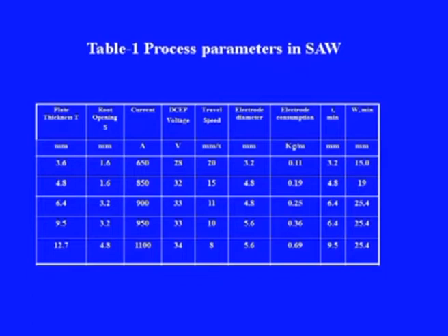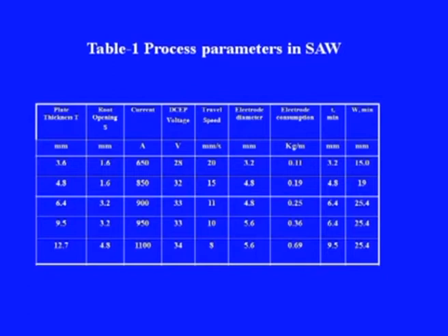is taken to be 1.6 mm, current applied is 650 amperes, DCEP voltage is 28 volts, then travel speed is set at 20 millimeter per second, then electrode diameter used is generally 3.2 millimeter, whereas the electrode consumption rate is 0.11 kg per meter, and then the time for this welding to be carried out is 3.2 minute and the width is 15 millimeter.